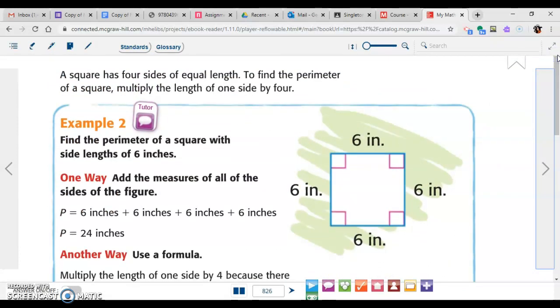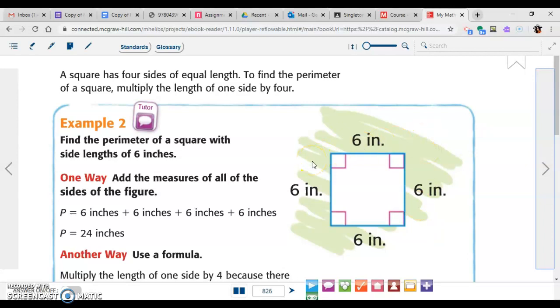Now, a square has 4 sides that are exactly the same. So to find the perimeter of a square, you can add the 4 sides. Here's one way. Perimeter is 6 inches plus 6 inches plus 6 inches plus 6 inches. You just add all 4 of them, and there you go. You have the perimeter.